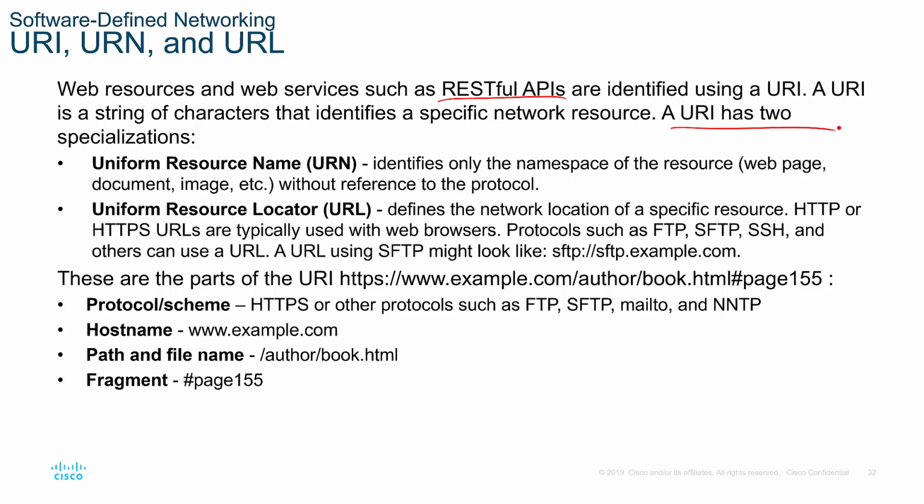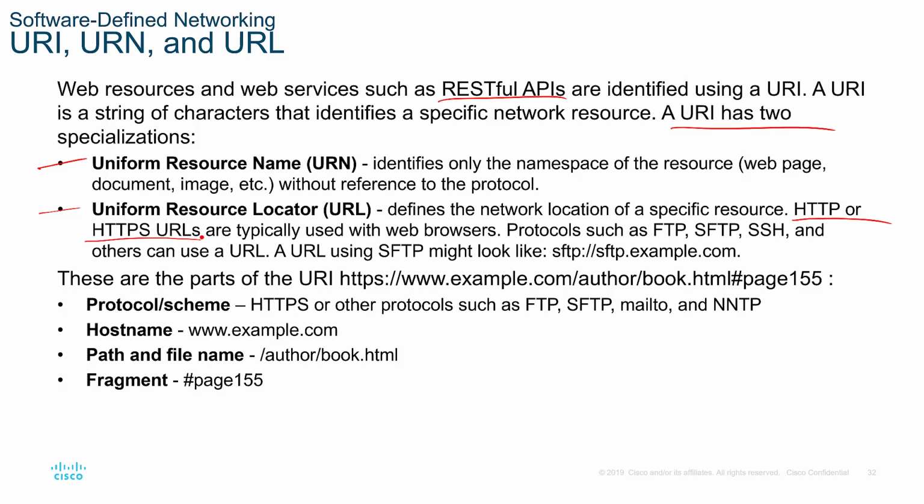The URI has 2 specializations: URN and URL, uniform resource name and uniform resource locator. The URN identifies the namespace, where the URL identifies the network location of the specific resource. Normally HTTP or HTTPS URLs, could be FTP as well, or some other variation.